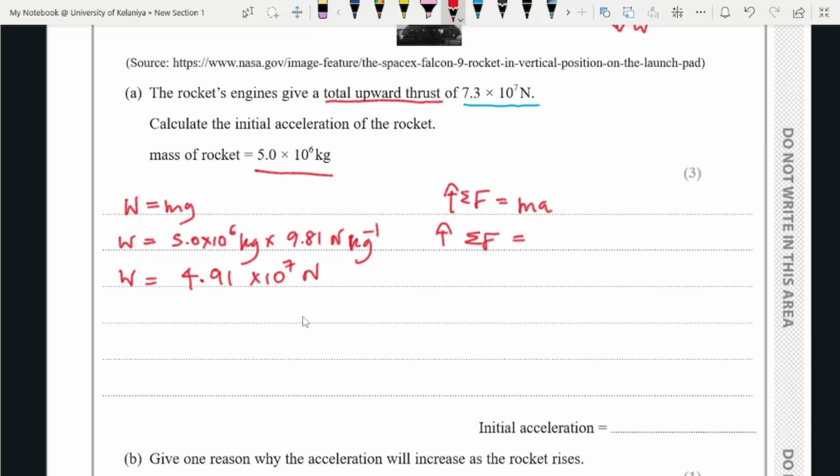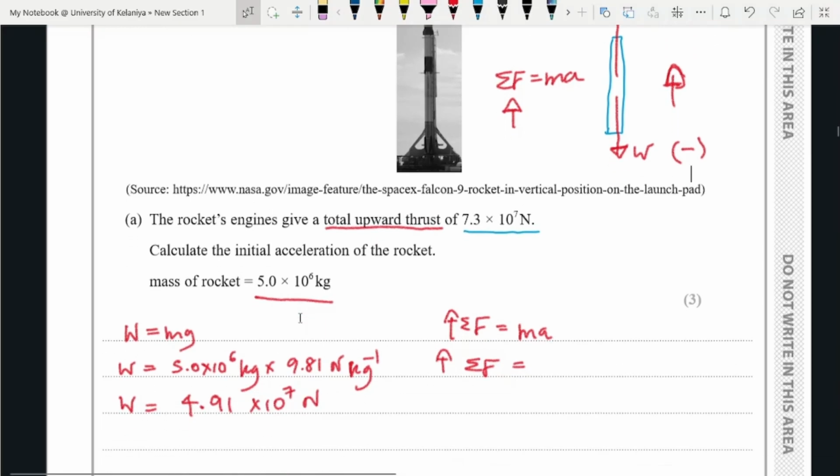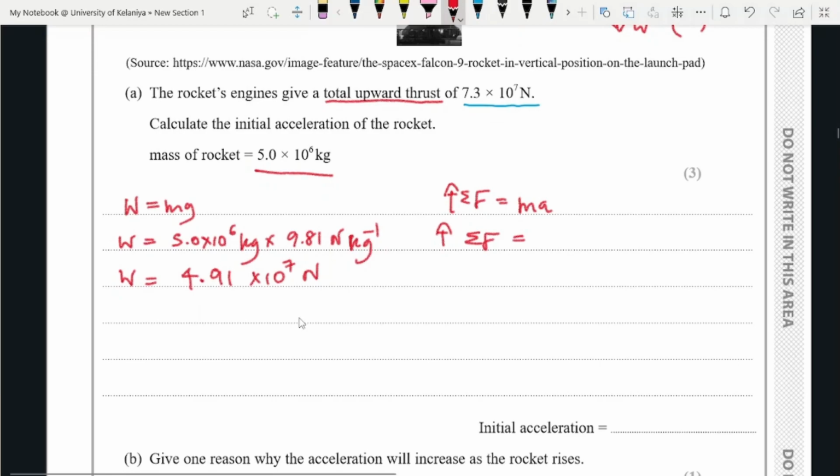I'm going to take the vector sum of all the forces. So we have two forces, and the forward thrust is acting towards the upward direction, so it is positive, and the weight is opposite to that direction, so it is negative, because we all know vectors have directions and magnitudes, right?